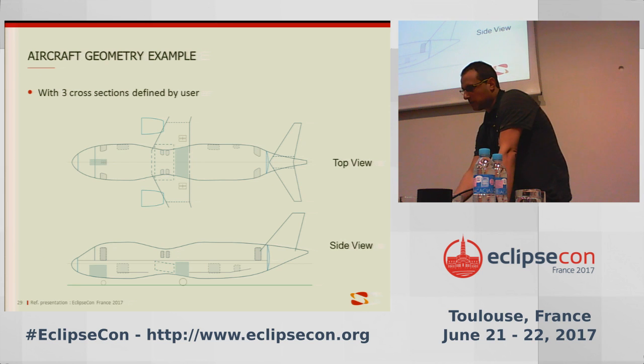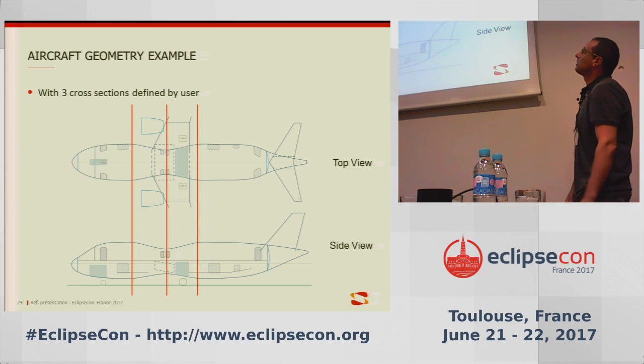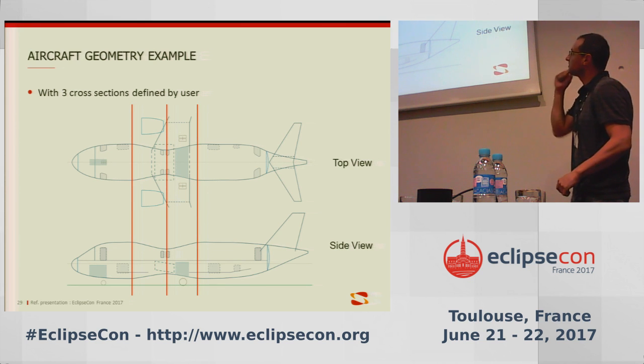So you can see an aircraft geometry example where the user has defined 3 main cross-sections. The 2 outside are big, and in the center is smaller. And you can see how the geometry of the aircraft changes due to the cross-sections in the top view and side view.